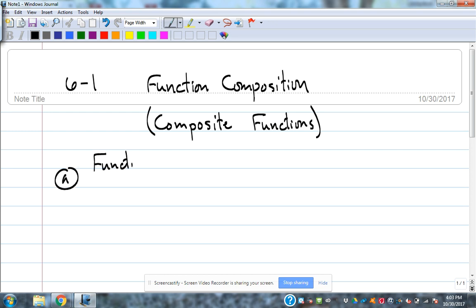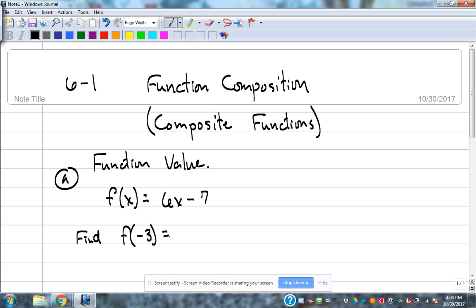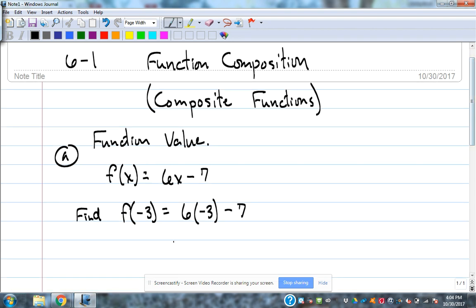function value. Say we had f of x is equal to 6x minus 7, and they ask us to find f of negative 3. What does that mean to do? Yeah, just replace the x with a negative 3 and follow order of operations to simplify that.